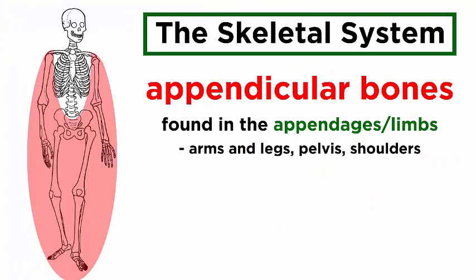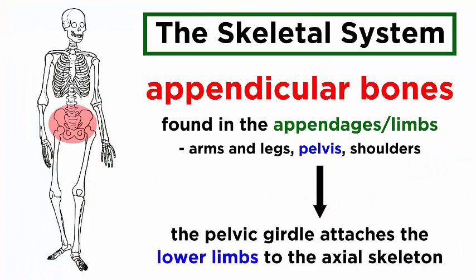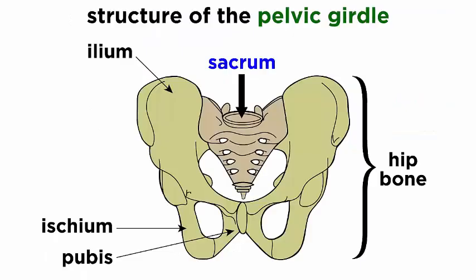Moving back over to the torso, we see the pelvic girdle. This attaches the lower limbs to the axial skeleton, just like the pectoral girdle did for the upper limbs, although this one has far less mobility and far more stability than the other. This girdle starts at the sacrum we described earlier and continues with 2 hip bones.